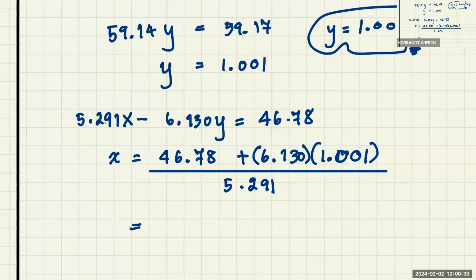Okay. What I need to do: 6.130 times 1.001 is 6.13613.